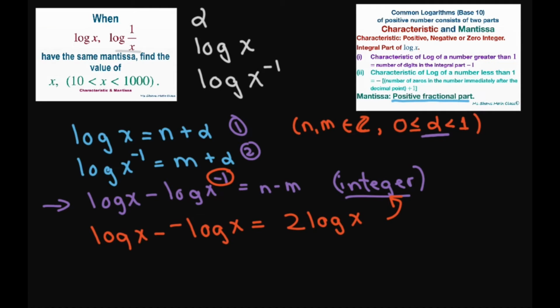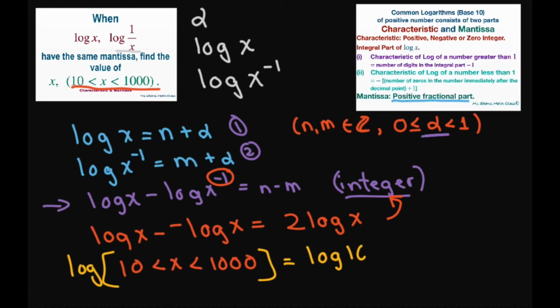Since we have this part right here, 10 is less than x is less than 1,000. If I take the log through, I'm going to get log of 10 is less than log of x is less than log of 10 to the power of 3.